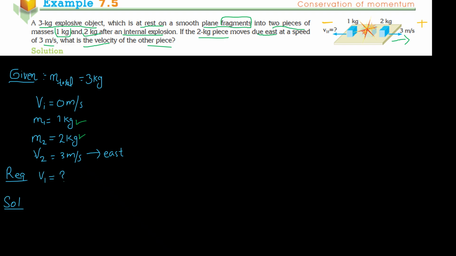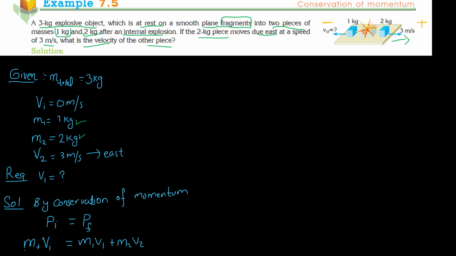So for the velocity of the 1 kilogram mass, by conservation of momentum, we can write that the total initial momentum must be equal to the total final momentum. The total initial momentum is the total mass times the velocity of this object before explosion, and as we know that the velocity was 0, this term will be 0. It is equal to m1 v1, the mass and velocity of the first fragment, plus m2 v2, the mass and velocity of the second fragment.